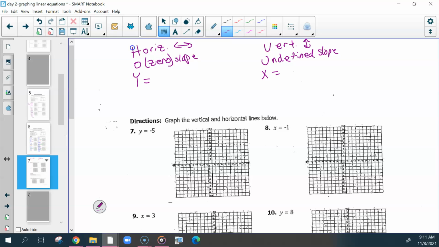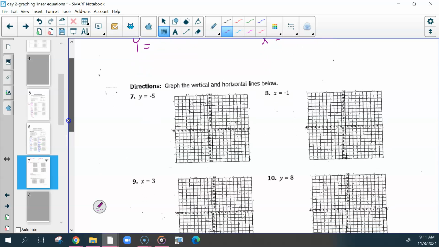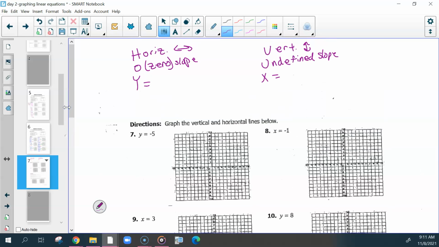So when graphing these lines, you're going to be given some equation, a y equals some number or an x equals some number, and that will tell you whether the line will be horizontal or vertical and what type of slope it should have. So for number 7, and I know the graphs are kind of blurry, so try your best. This is a y equals equation.